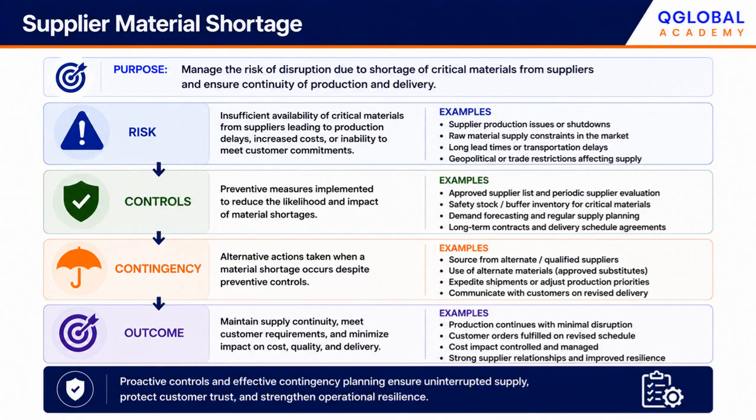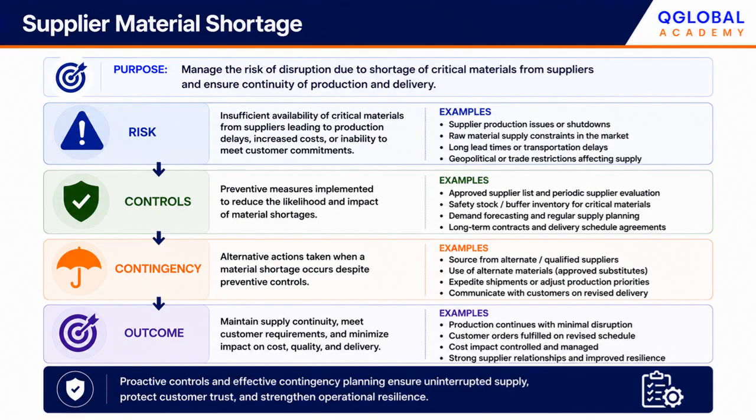Preventive controls begin with good supplier management. Organizations should approve multiple suppliers where possible, maintain safety stock, monitor supplier performance, forecast material requirements accurately, and establish effective purchasing processes.